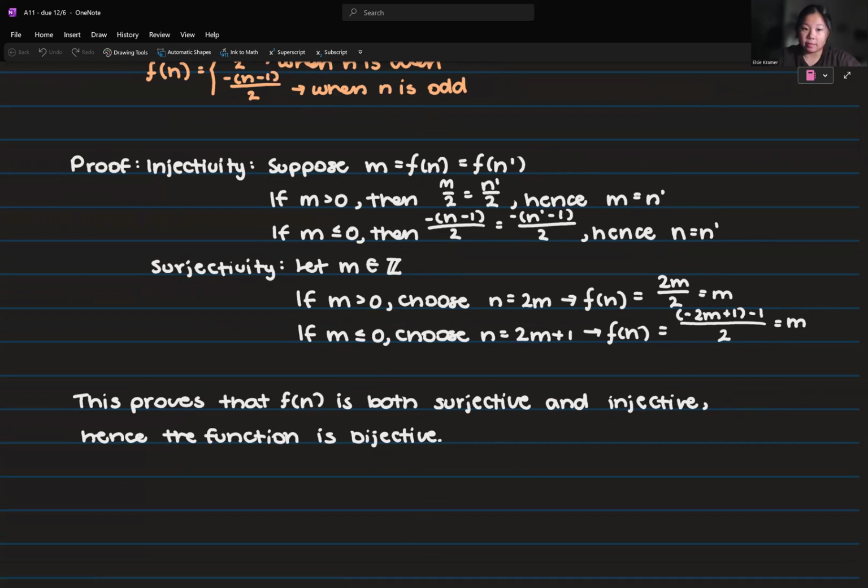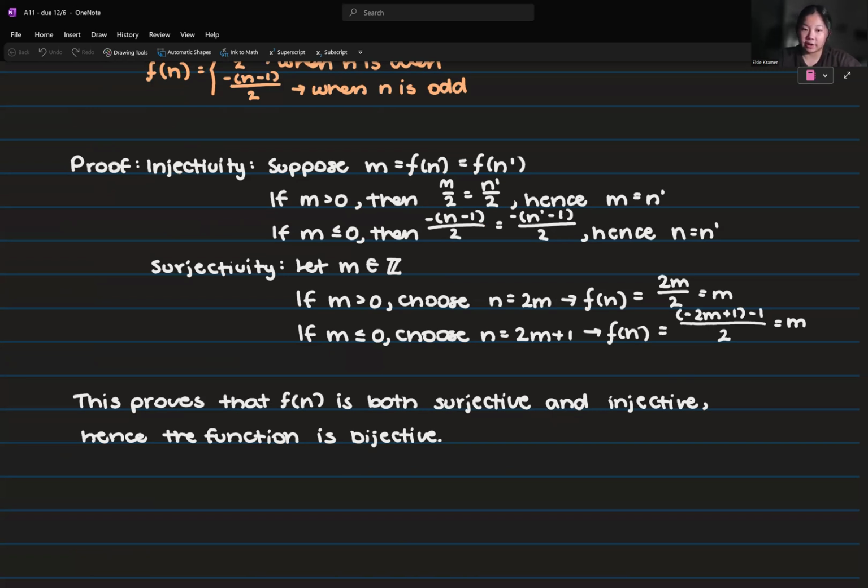That means if m is greater than 0, then n divided by 2 is equal to n prime divided by 2. That shows you that n is equal to n prime. And if m is less than or equal to 0, then the negative quantity n minus 1 over 2 is equal to the negative quantity n prime minus 1 over 2. This proves that n is equal to n prime.